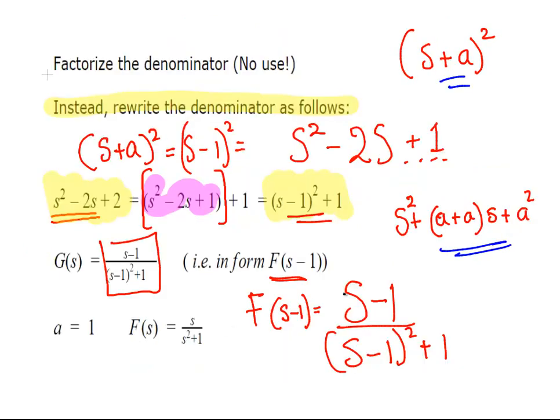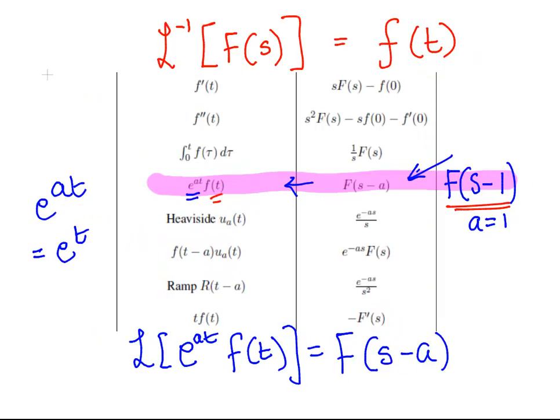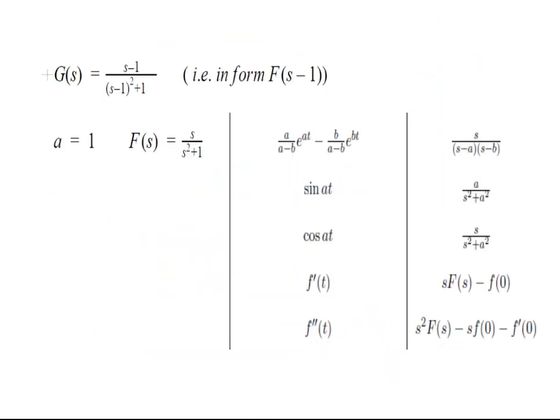So, just look at this here. What we're going to do is replace each term here, in F of s minus 1, with, sorry, we're replacing s minus 1 with s. So s minus 1 over s minus 1 squared plus 1.